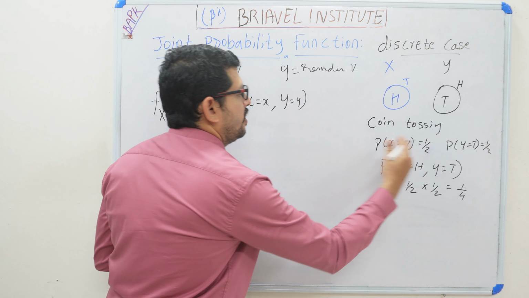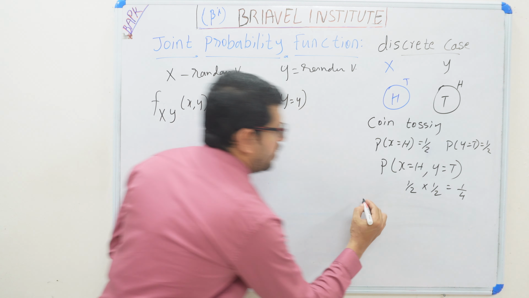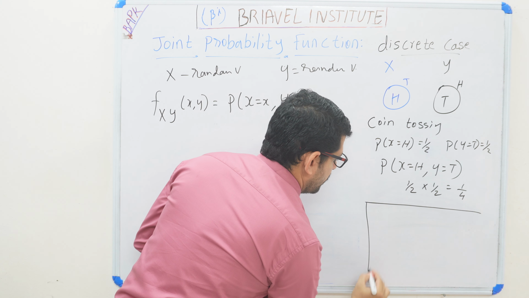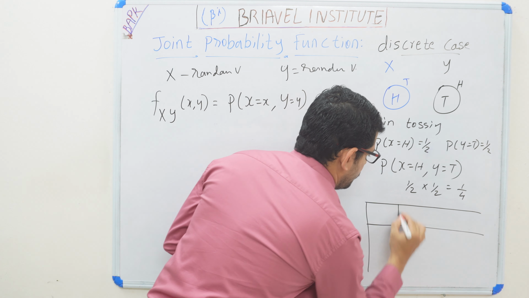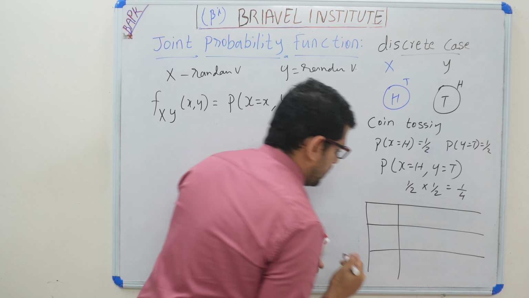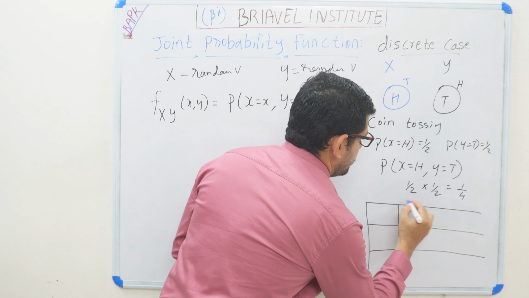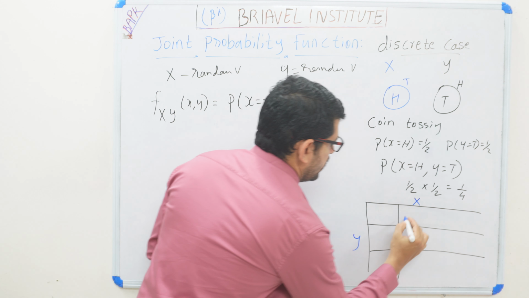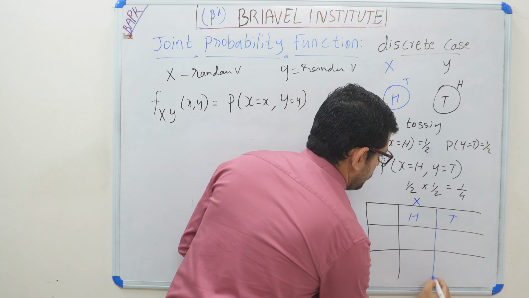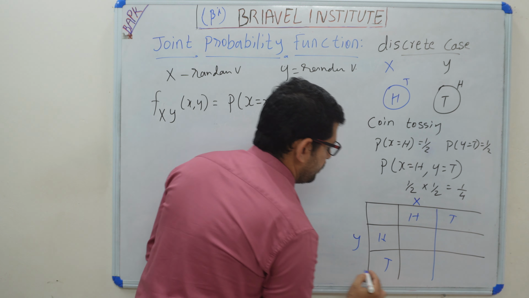So what are the possibilities we will get? If I am drawing the table, what are the possibilities? This is x and this is y. This is head and tail. So here head and tail.